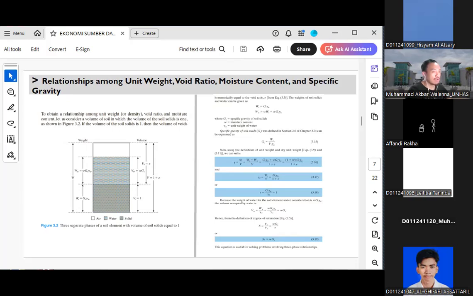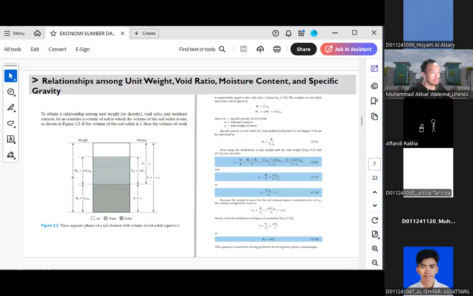If you have ever dropped a stone in water, it sinks to the bottom of the pool or wherever the water exists. This is simply because the specific gravity of that stone is greater than one, which is the specific gravity of water.